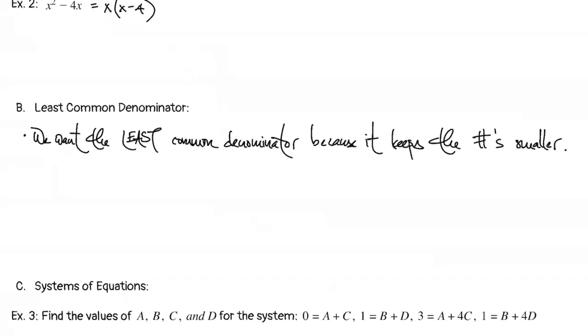And the smaller numbers we have mean that it's going to be a little bit less ink and maybe a little bit less brain power to make that common denominator, but all the other calculations that go with it.